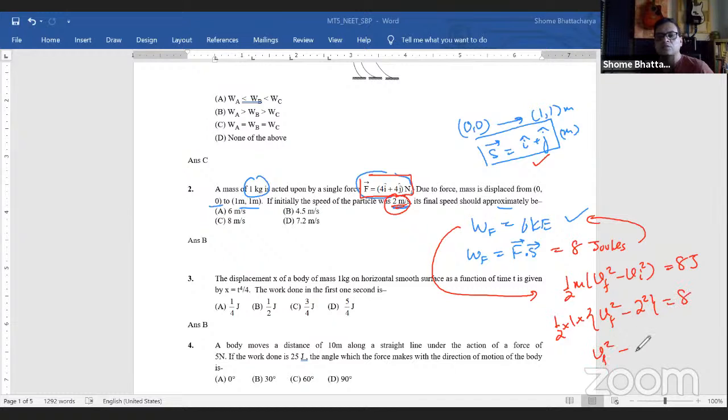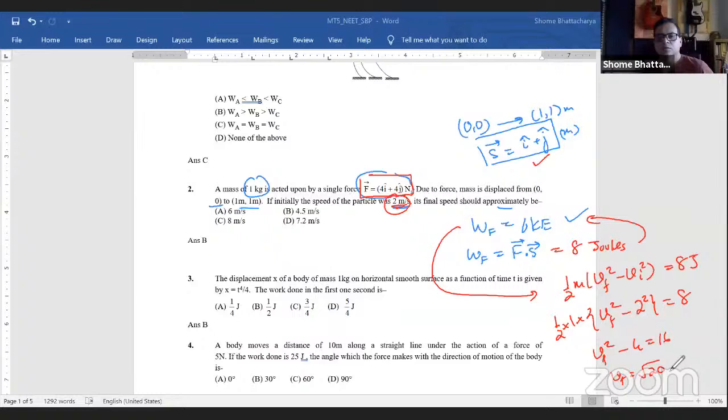So V final square minus 4 is equal to 16. Okay. So V final is becoming approximately root 20, that is, approximately root 5 to root 5. So now you have to give the answer approximately.